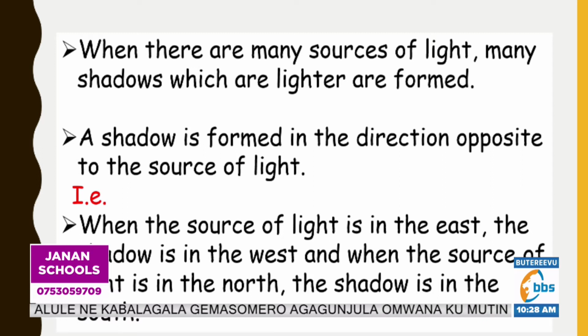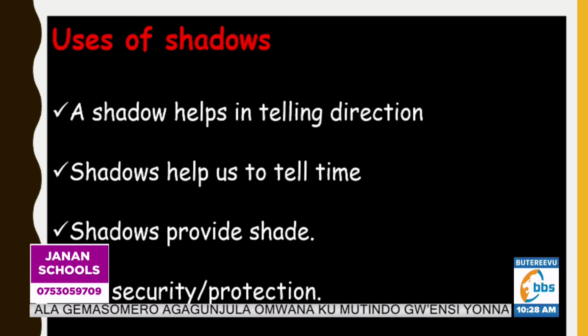Now, let's look at the uses of shadows. One, a shadow helps in telling direction, and we want to see how that can be done. Shadows help us to tell direction, and to tell time, by the way.